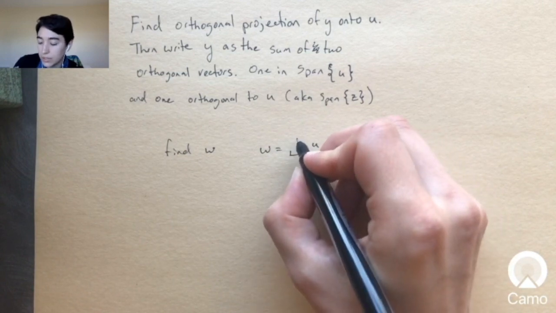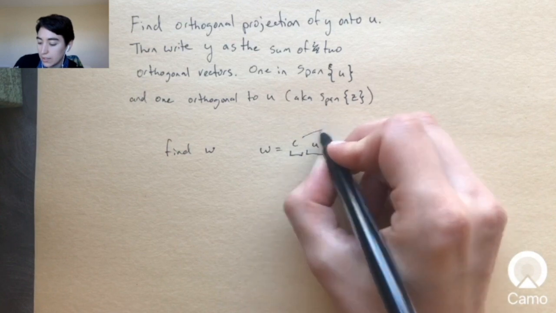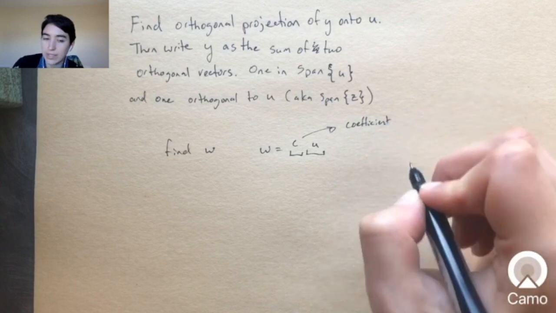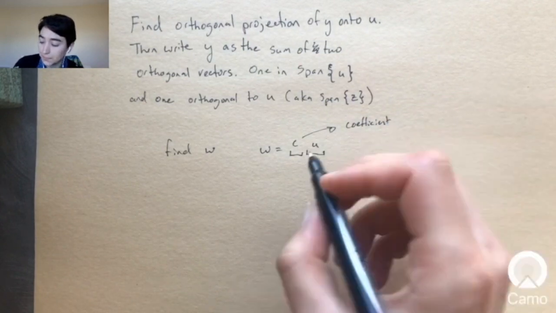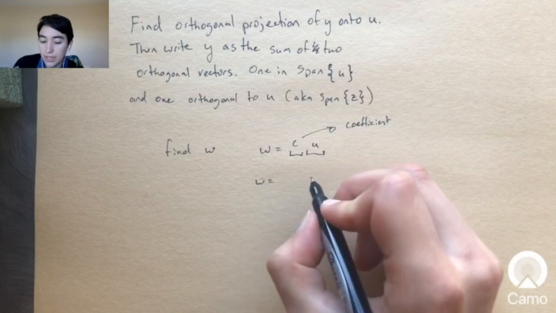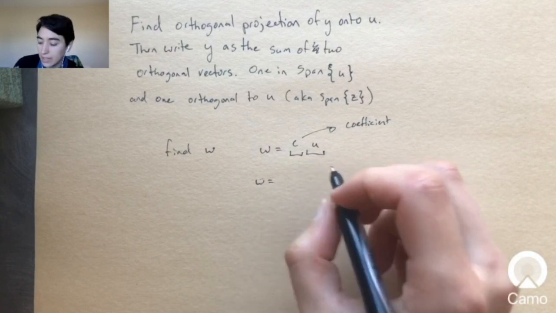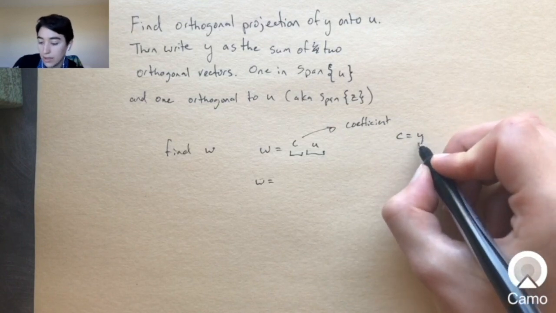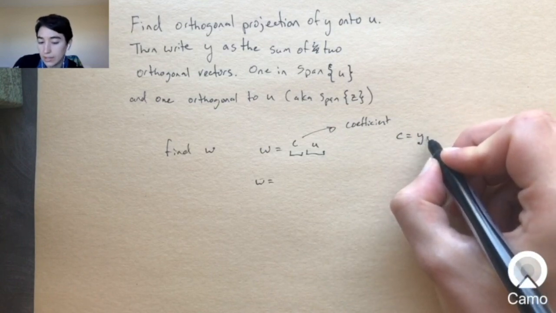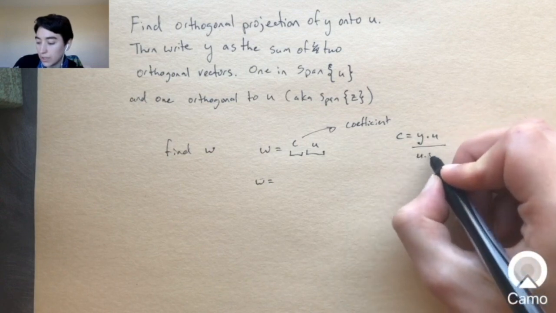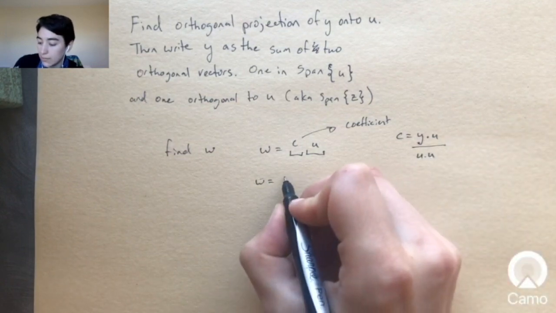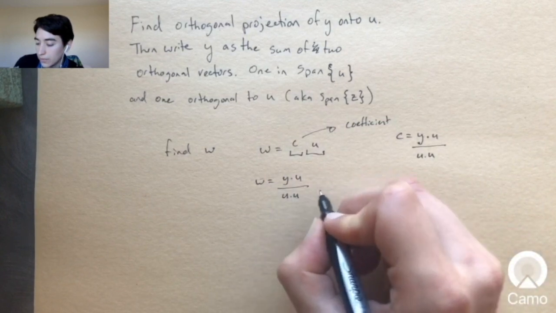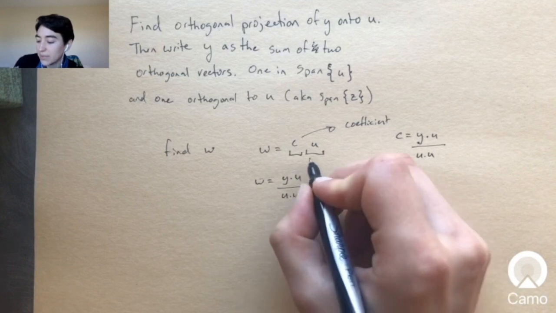And this coefficient, same thing as a scalar, same thing as a weight, we can express as coefficient is equal to y times u over u times u. Okay, so this way we can just substitute this in, y times u over u times u, and then times u, because we have to bring this one down.